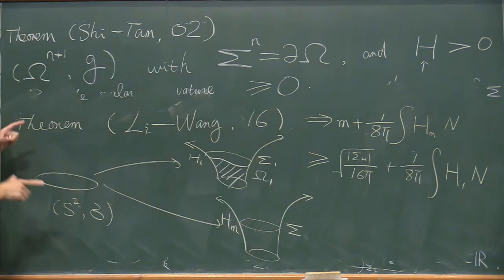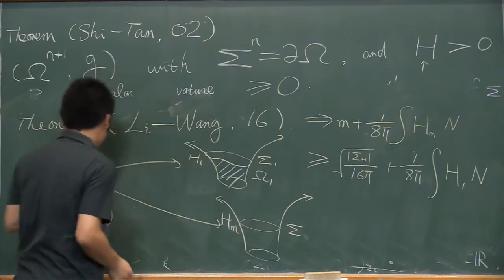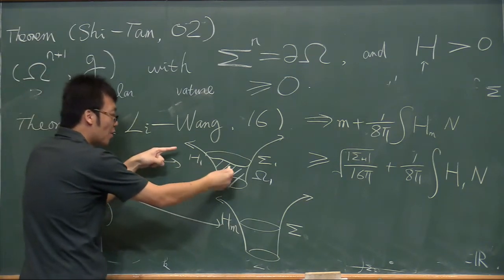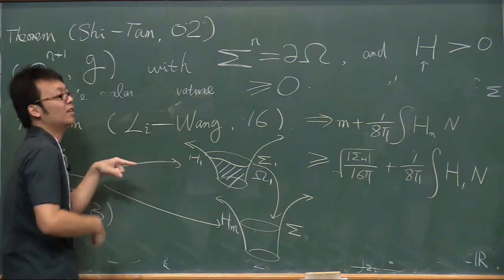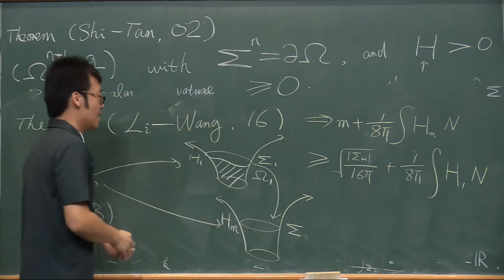Here, notice that we are comparing these two hypersurfaces in the Schwarzschild manifold, right? Because we are assuming a round sphere can be isometrically embedded differently. Therefore, those two hypersurfaces are isometric, and we apply this theorem. Now, let's look at this inequality.